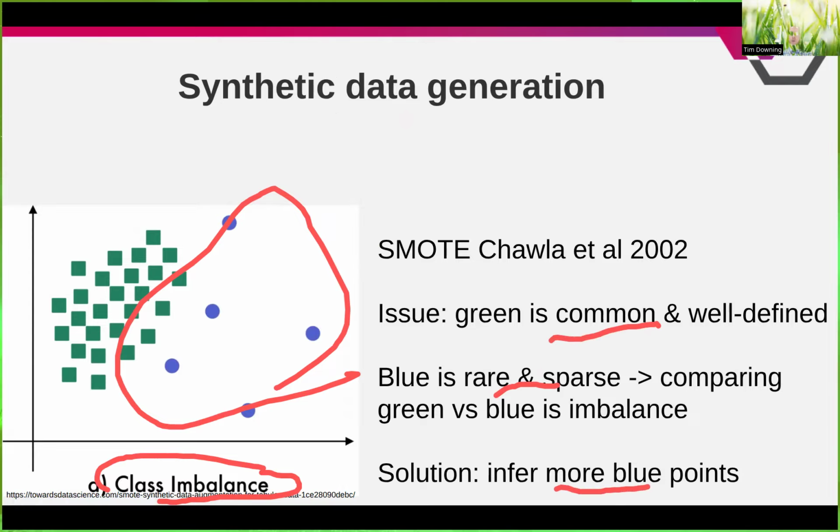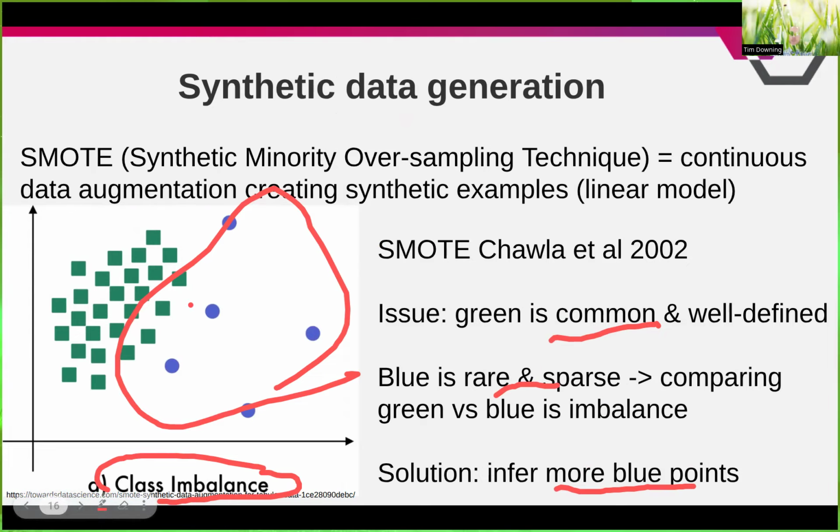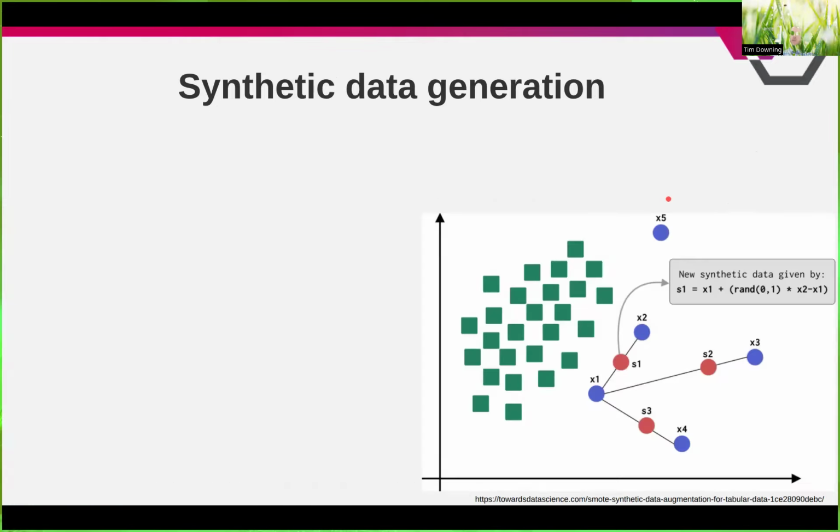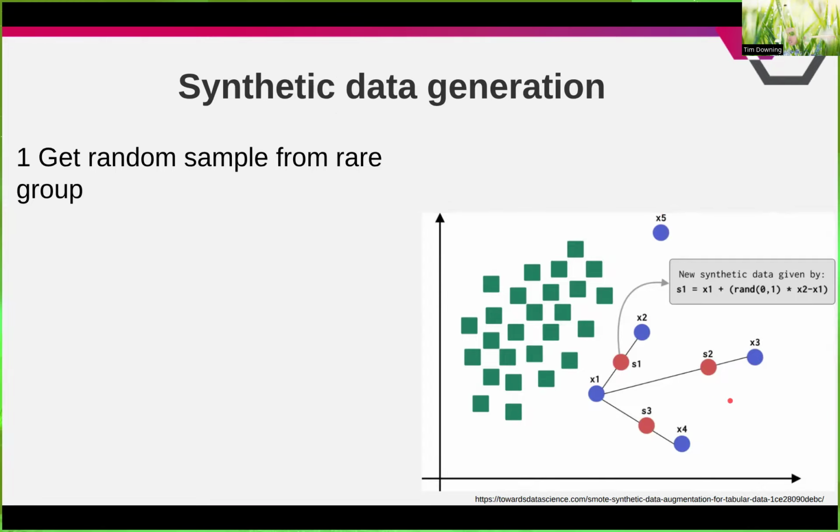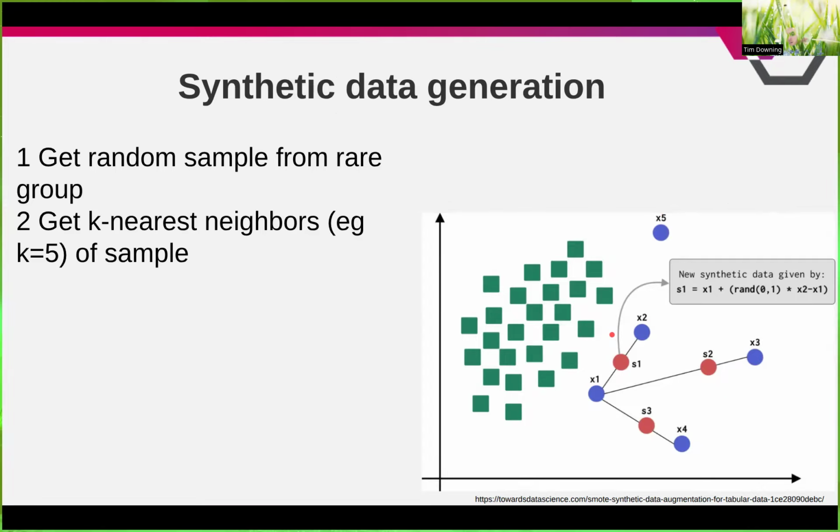So one approach to do that, known as SMOTE, would be to infer more blue points. This is known as synthetic minority oversampling technique, and it deals with continuous data and applies a linear model to that. So for example, if we have different points here in red, we get a random sample of our points from the rare group.